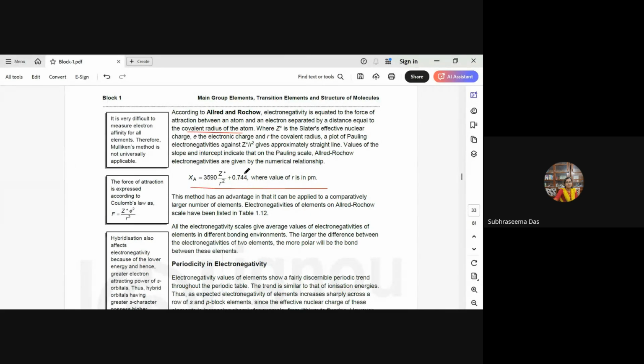This method has the advantage that it can be applied to a comparatively large number of elements, so it has broader applicability than the Mulliken and Pauling scales. The Allred-Rochow scale is most preferred because its scope is wider and applicability is large.